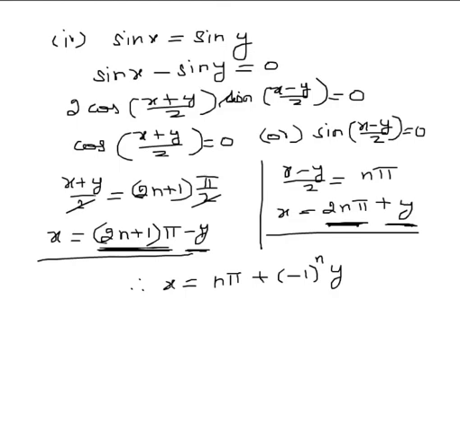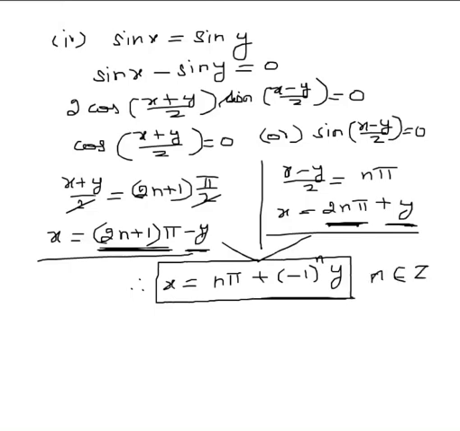So the sign of y depends upon the value of n. That's why we write n pi plus (minus 1) whole power n times y. If n is an even number, you will get plus y. If n is an odd number, you will get minus y. So we can write the solution putting these two answers together like this, where n belongs to z. So this is the general solution formula for sin x is equal to sin y.